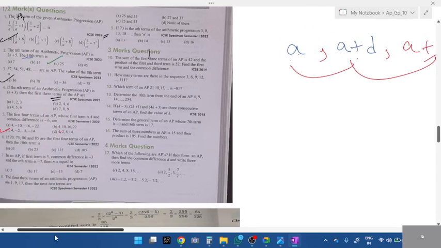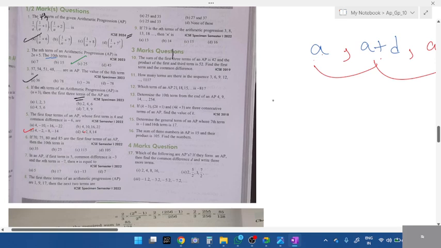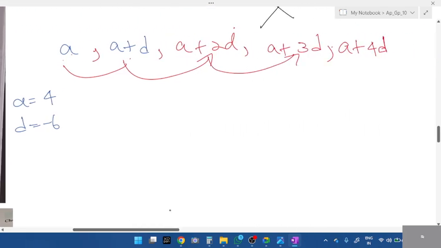Fine. So let us substitute. What is A value given? What was A, students? A is equal to 4 and D was minus 6. Make a note of this formula, all of you. Copy this formula.